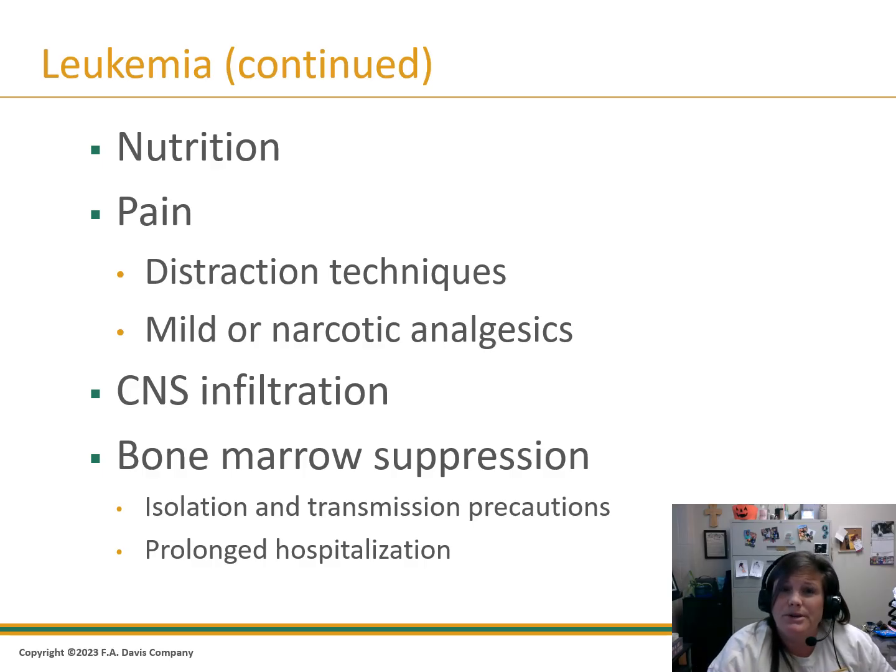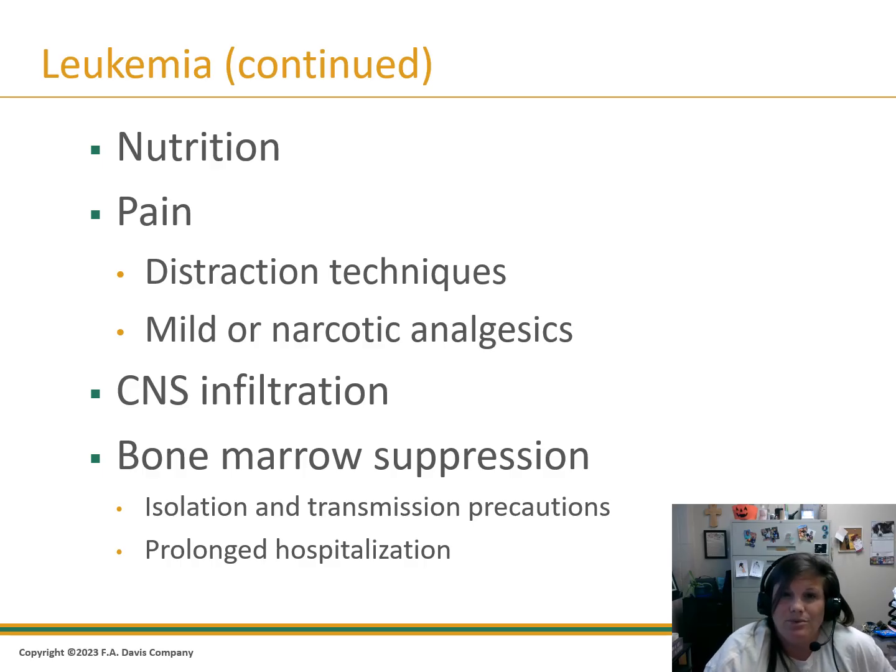Other focuses would be nutrition. We talked about the patient having that general malaise feeling, that anorexia, that tendency to have a decreased appetite. But nutrition's important, and having a balanced diet and everything being balanced within the patient's nutrients and hydration is definitely crucial for healing.